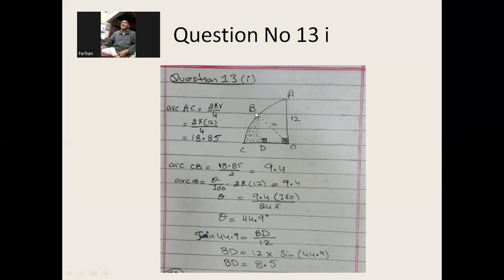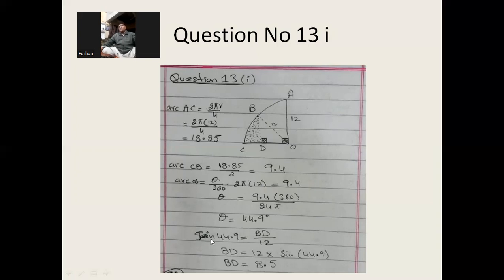Now it's a right angle triangle. You can see that this triangle is a right angle triangle. And this is the radius, and it will be 12. And I know this angle, that's 44.9, approximately 45. So I can find out this BD, that is the perpendicular for this right angle triangle ODB.